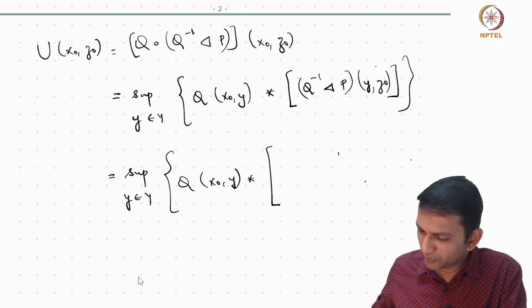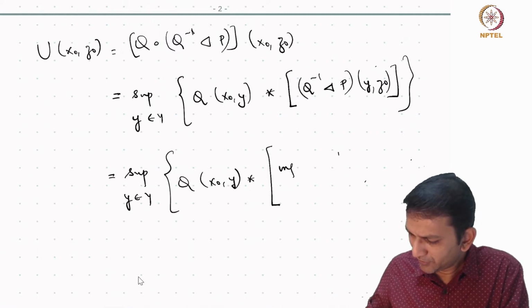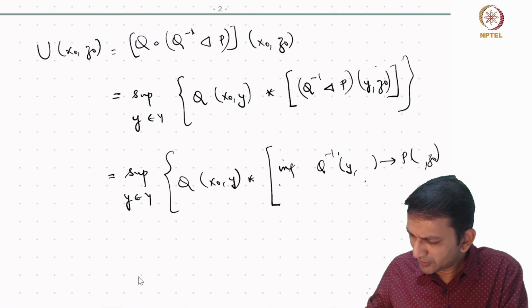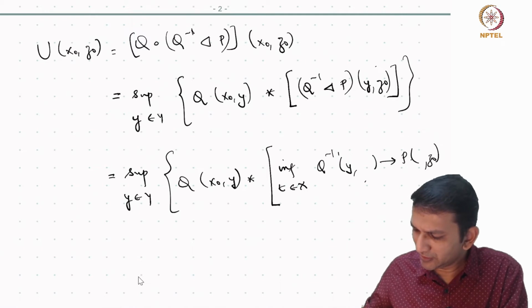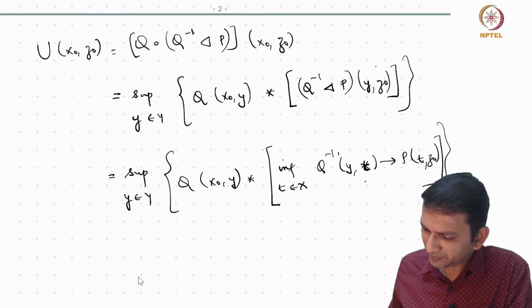Now this is the infix composition, because I is the R-implication occurring from the corresponding T. We are using just the infix notation so that notationally it's easier to see. We have to write this as Q inverse of y, t implies P of t, z0. Q inverse is from Y cross X, which means this variable t varies over X.